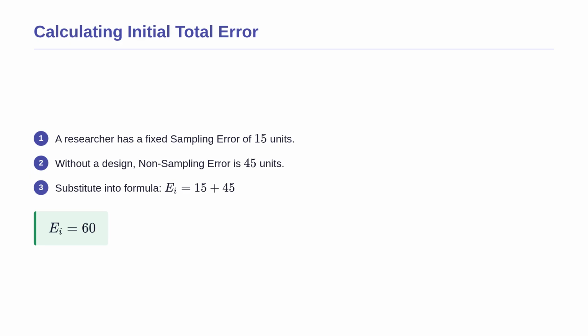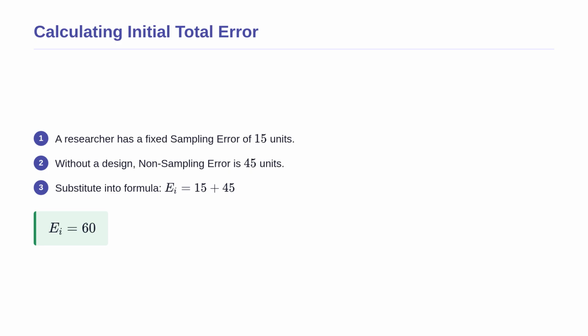Let us apply this error formula to a specific case. A researcher is conducting a study and has a fixed sampling error of 15 units. Without a research design, poor data collection causes a massive non-sampling error of 45 units. We use the basic addition formula for total error.